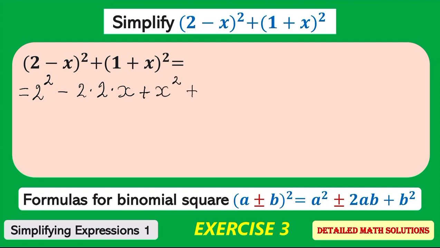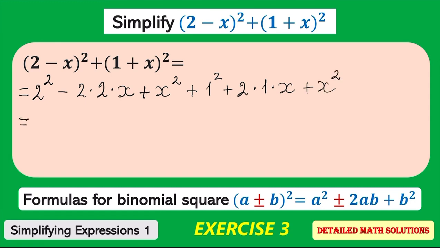For the second binomial, 1 plus x in parentheses squared, the number 1 corresponds to the a in the formula, and x corresponds to the b in the formula. Therefore, when I apply it, it equals 1 squared plus 2 times 1 times x plus x squared.